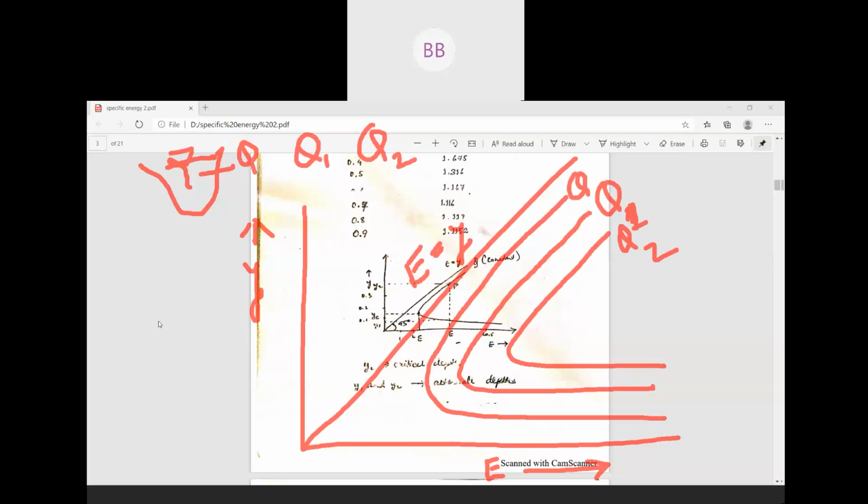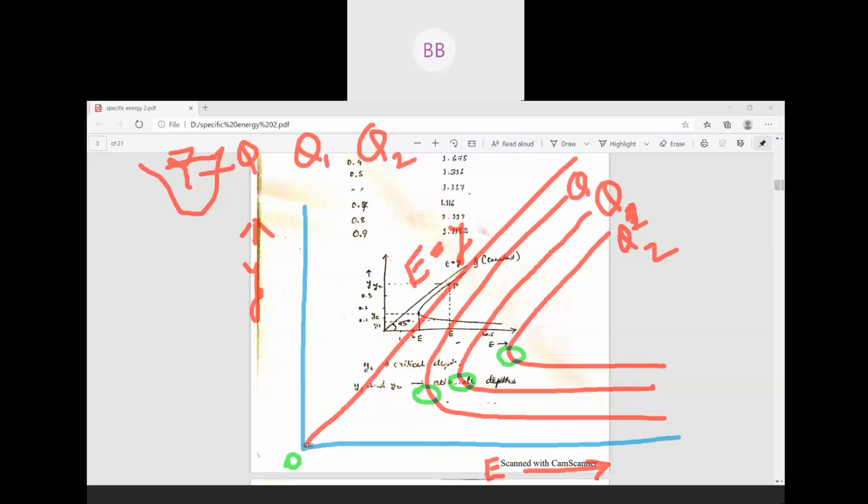So for each discharge, you'll have one minimum specific energy. For Q1 you'll have one, and for Q2 also one. Now, this is our zero.